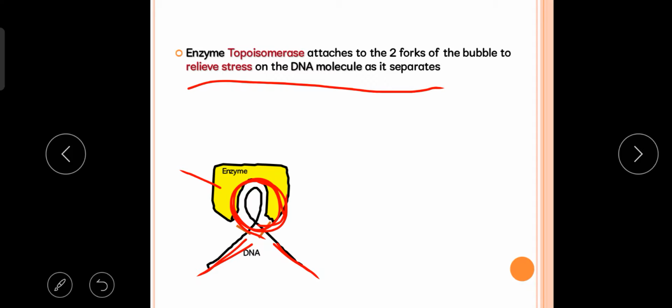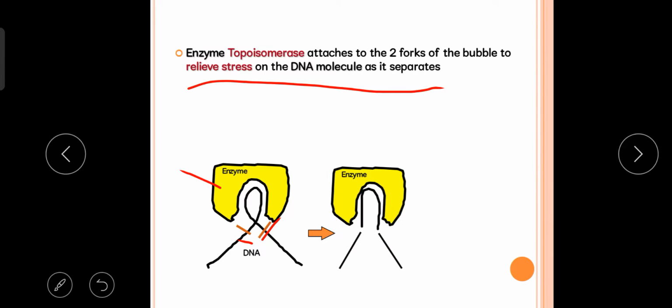So the enzyme topoisomerase binds to this supercoiling part and cuts the two strands of DNA. These two strands are being cut by the topoisomerase.